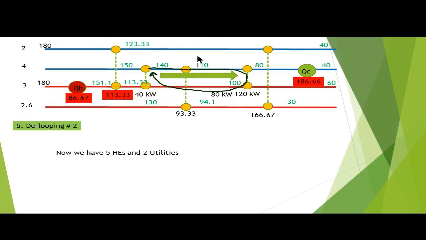Now let's see loop breaking number 2. You can see that there is another loop here. What we can do here, before that, now we can reduce the heat exchangers from 6 to 5: 1, 2, 3, 4, 5, and 2 utilities.